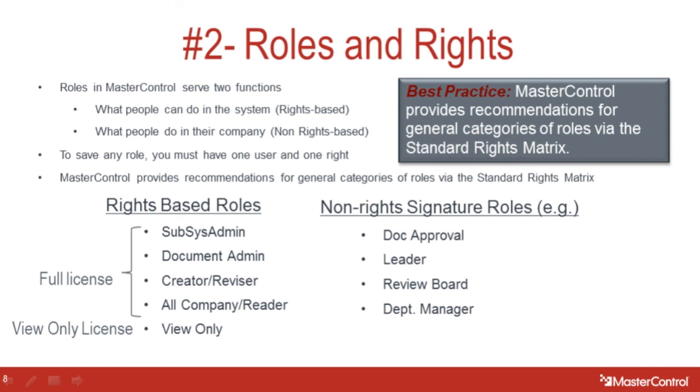This is an area where you would create a job for maybe somebody on a document review board or somebody in a department manager role. And in that non-rights-based role, they're given one right. And that right is my recent. It doesn't really give them any additional rights in the system. You just have to because it's a role.